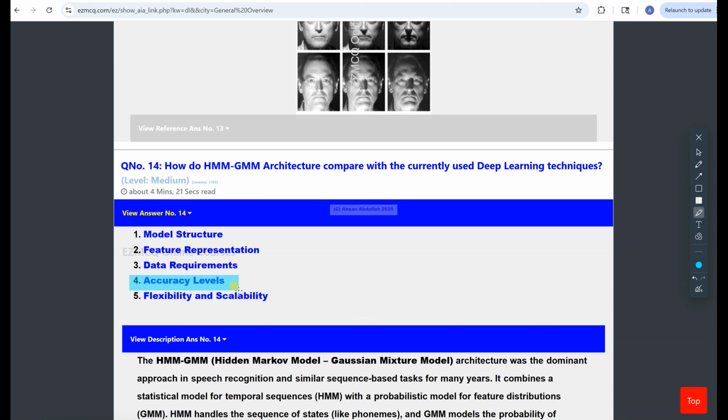Why? Because of those hundreds and thousands of layers, they are able to model the non-linearities and the hierarchical patterns. That's the flexibility which is not there in HMM and GMM, which lag in performance. When you have large and diverse data sets, they were not meant for that kind of volume.